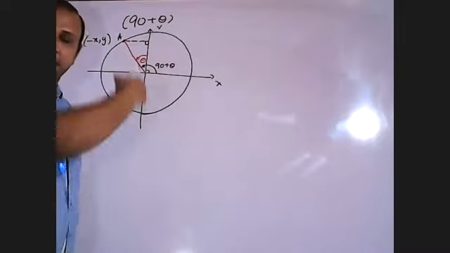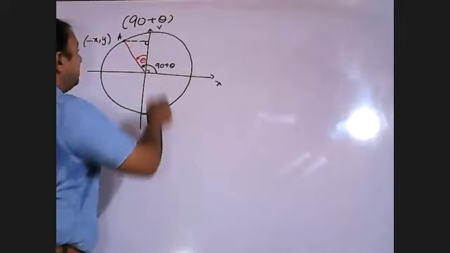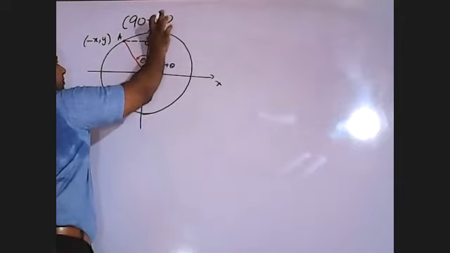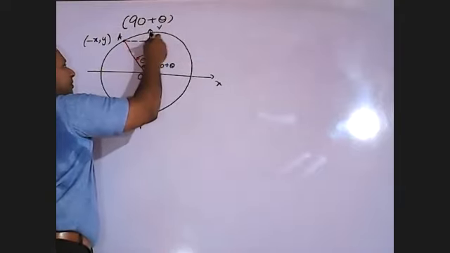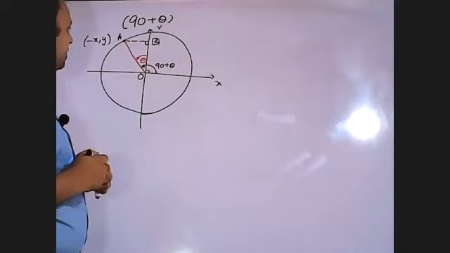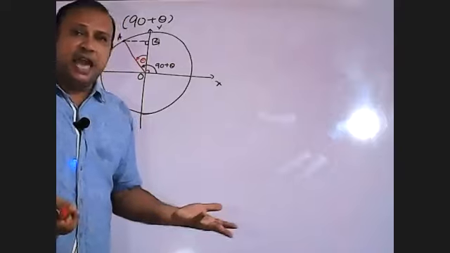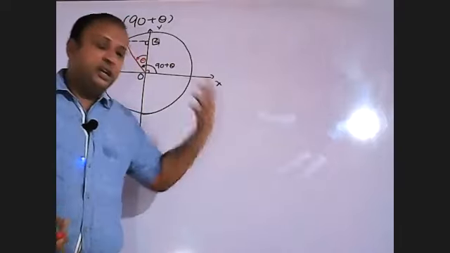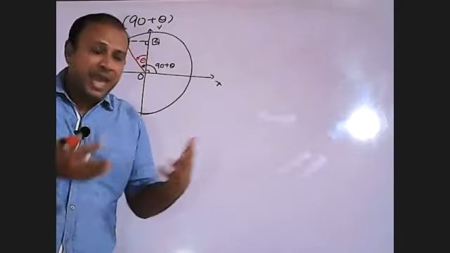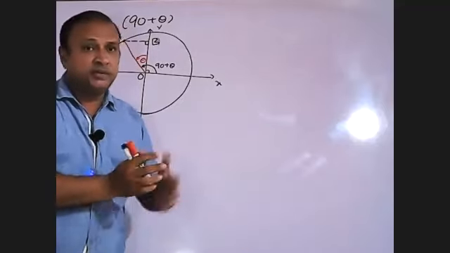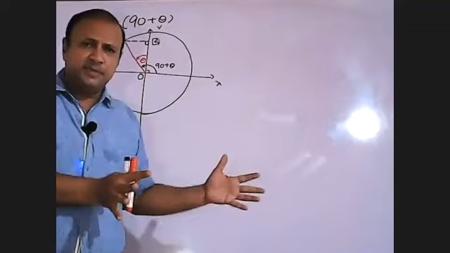Then I have considered a right angle triangle. Suppose this point is B. Because theta is an acute angle, I can define trigonometric ratios of an acute angle using the triangle method. It is easy.